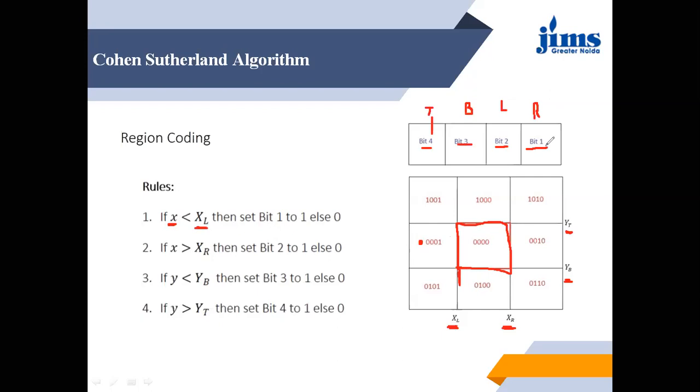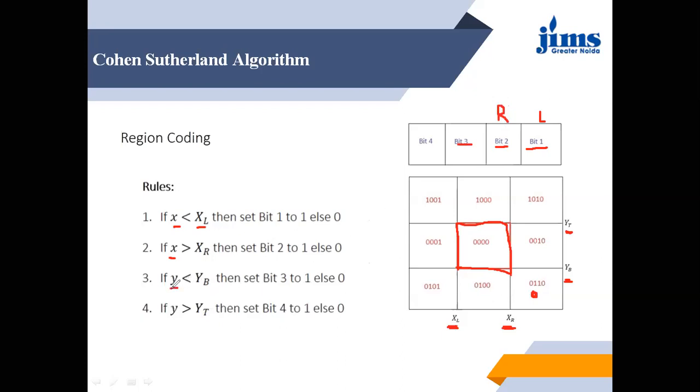This is for the left. The second one is when the value of x is greater than XR, then the point is on the right hand side, and bit 2 is set to 1, else 0. This is for the right.